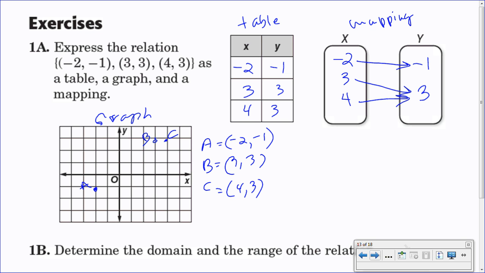Then the last part, determine the domain and range of the relationship. What do I have to put? D equals, what's the order? Okay, and then my range is, oops, put the wrong brackets.